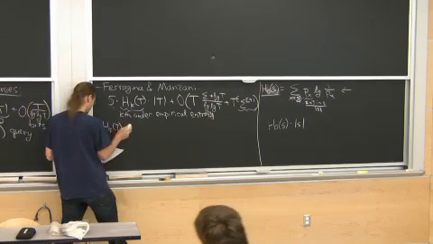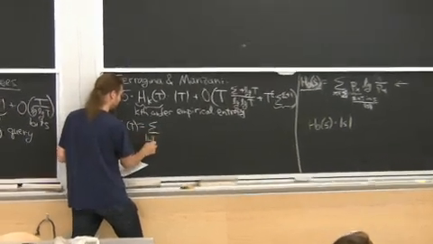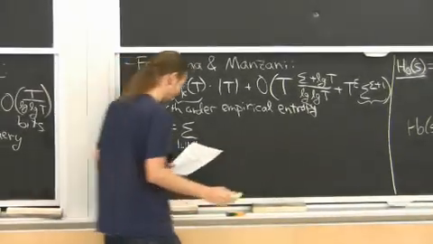Hk of T is going to be the sum over all words W of length k. This is going to be our context.